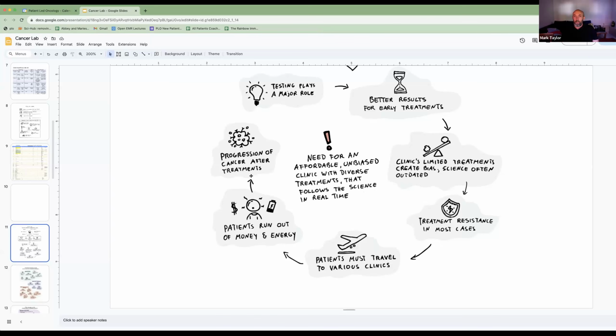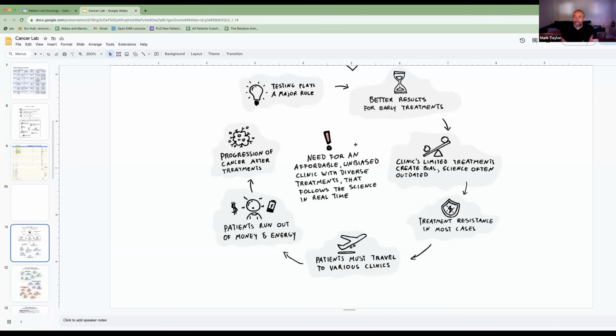So with this knowledge, I realized there was a need for a single clinic, from my data point of view, for collecting data, and also from my own personal needs as a patient. I had collected through this exercise pretty much all of the protocols of the top doctors in the world, including what drugs they were doing, where they were sourcing it. I managed to get the costs.